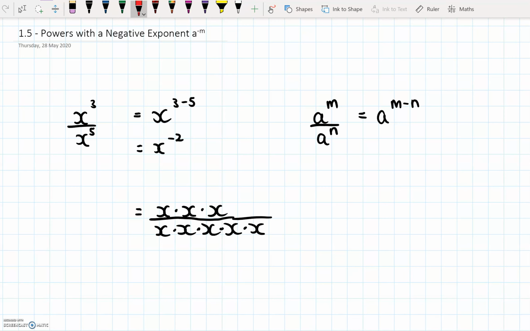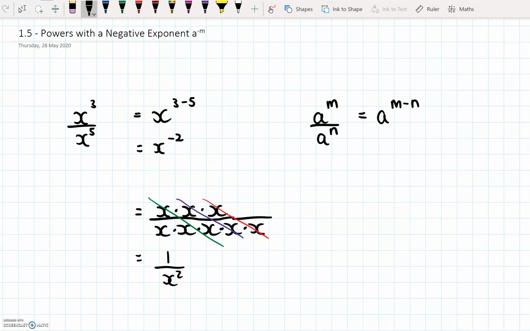We know that we can cancel these out and replace them with 1s because x divided by x is 1. So let's do that 3 times here. And what do we have left? On the top, we've got 1 times 1 times 1, so we have 1 divided by. On the bottom, we have x times x, so we have x squared.